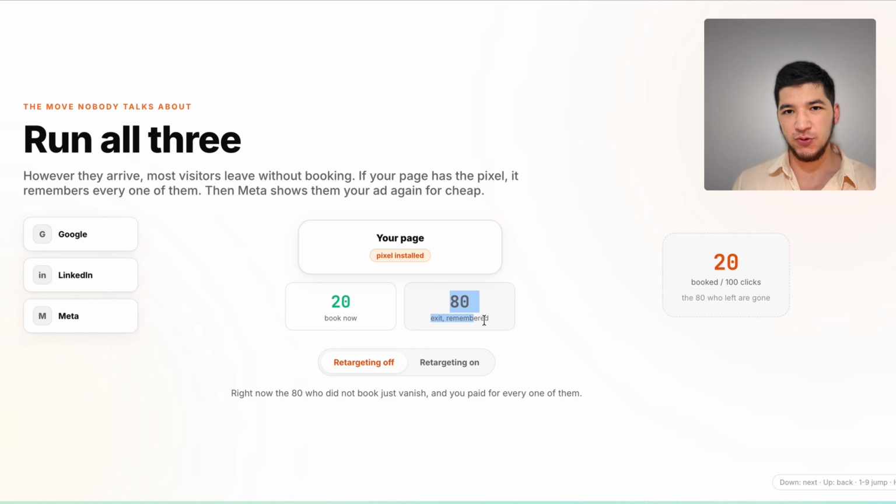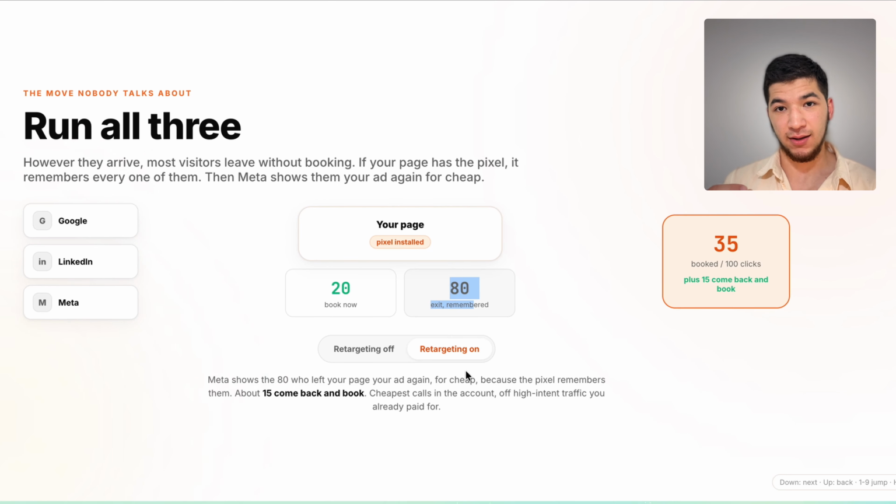And so what you can do is now you can use Meta's retargeting. Right? This is where Meta is really valuable. You can use Meta's retargeting to be able to show your ad to all of those people across all of these three channels. Because channels don't remember anything, but your pages remember. They have the pixel. You can use that pixel in Meta so you can show your ad.